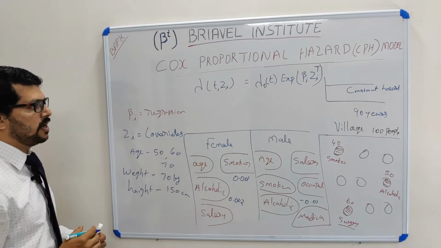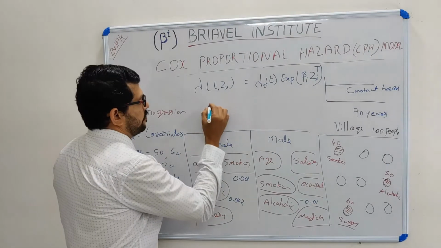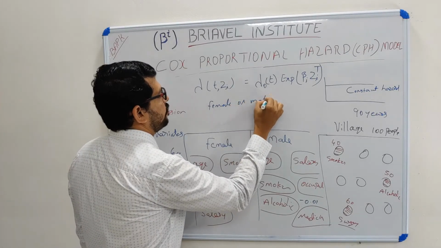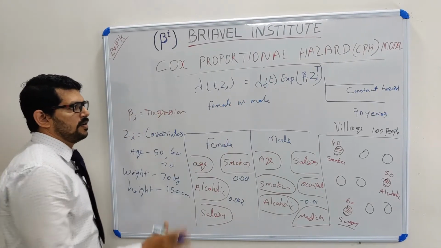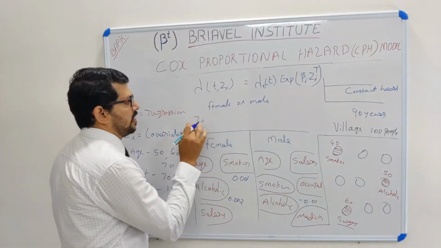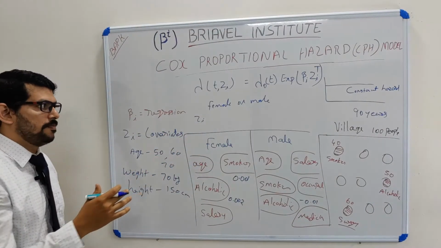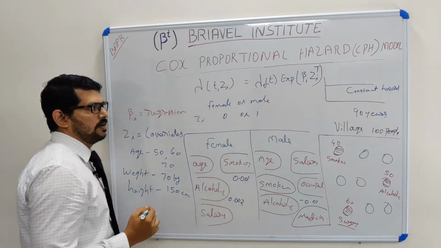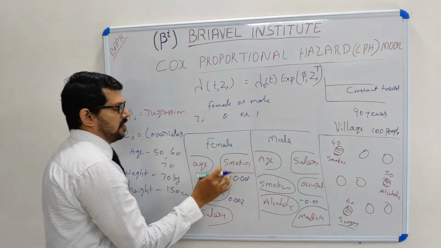But if it is female or male, then how to give the Zi value? We have to select Zi as a dummy variable, 0 or 1. This 0 or 1 depends on the regression value.